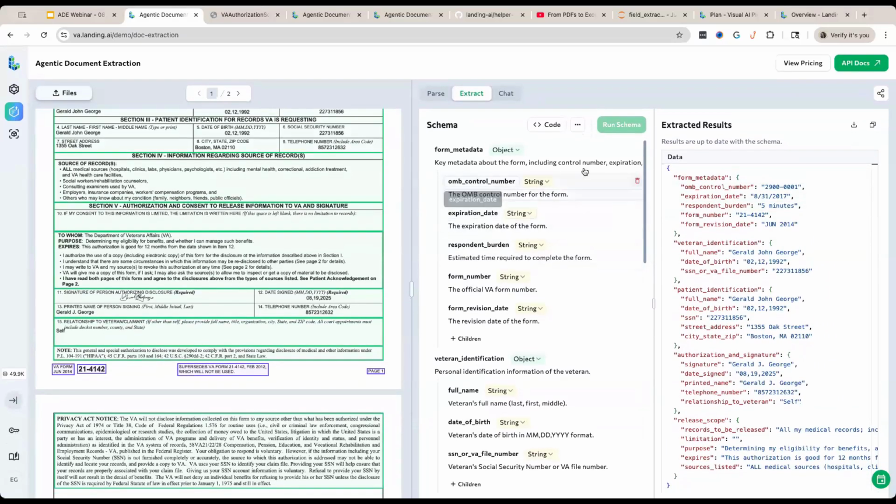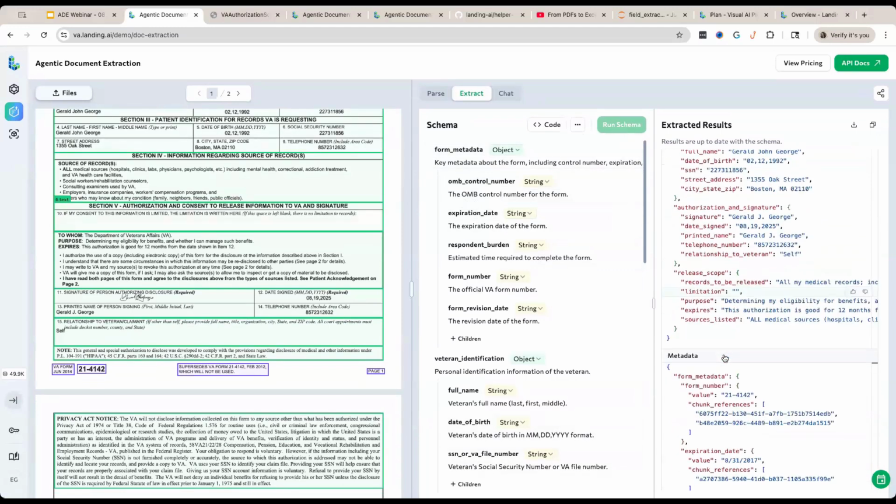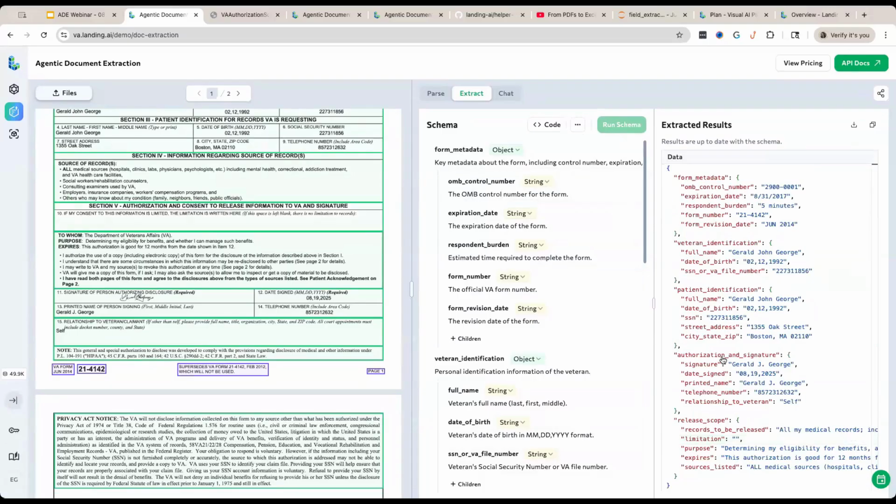That's what I've done with this document here. I've run that schema, and I'm seeing all of that information being pulled out. This structured data can obviously be pulled easily into any system of record or database that I might need to support this patient in the future.